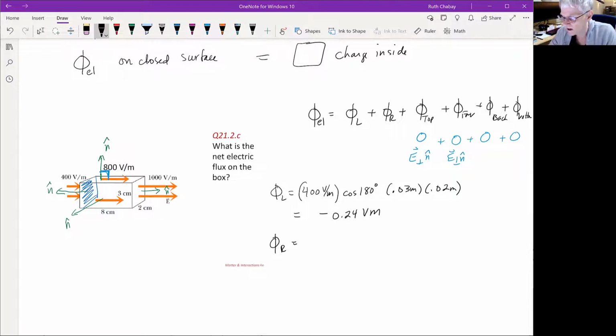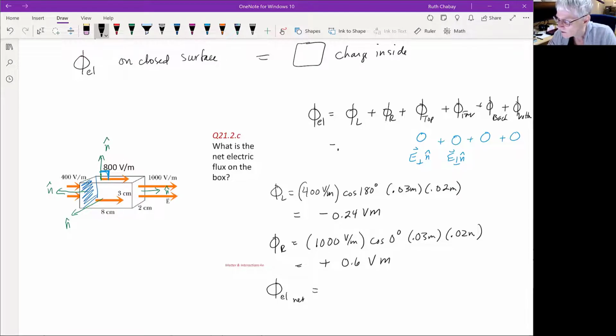The flux on the right side is going to be 1,000 volts per meter times cosine of 0 degrees times 0.03 meters times 0.02 meters. And that's going to give us a plus 0.6 volt meters. And so the net flux is going to be equal to minus 0.24 plus 0.6 plus 0 plus 0 plus 0. And so we get 0.36 volt meters.